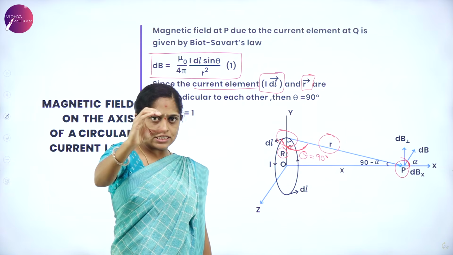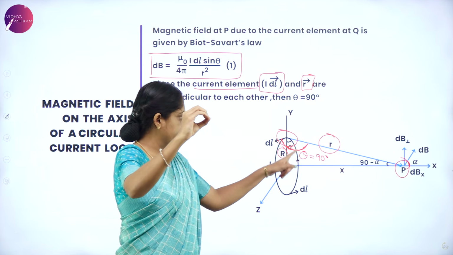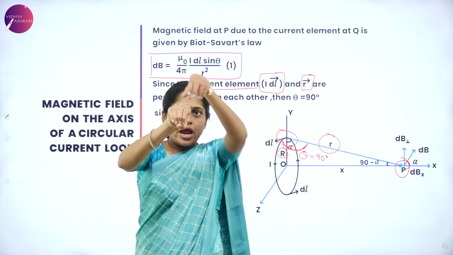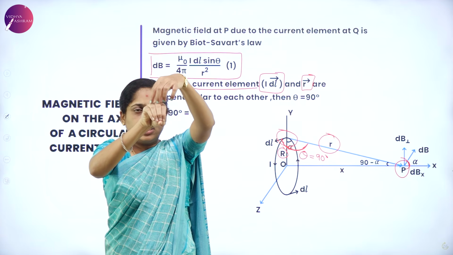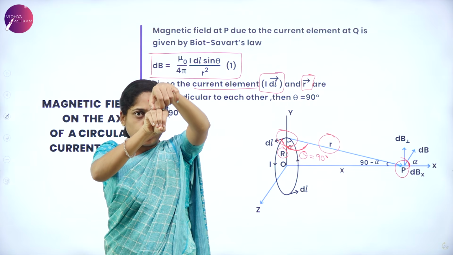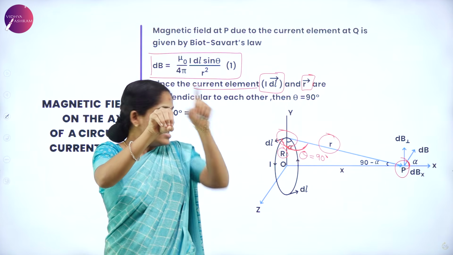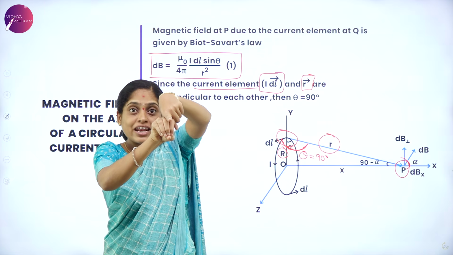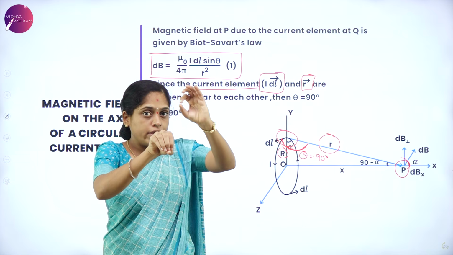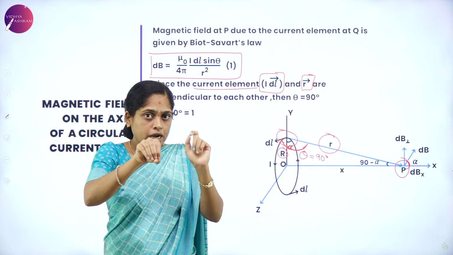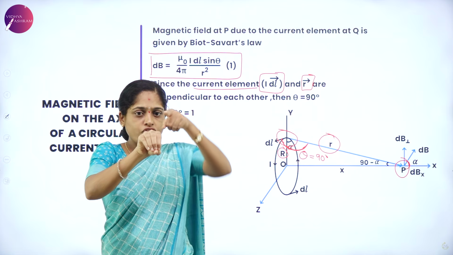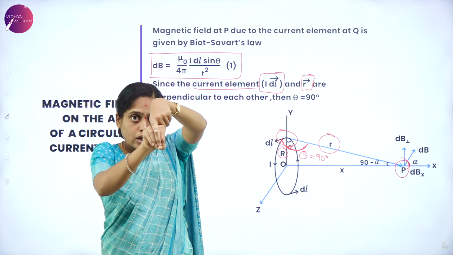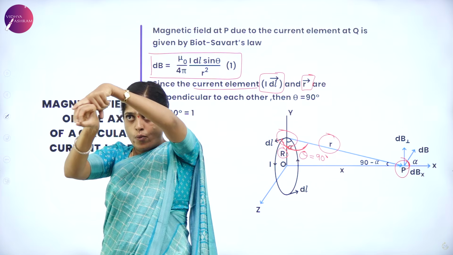For more clarity, consider this as the circular current carrying loop. Here I consider a small part of this loop, that is the current element, whose direction is always in the direction of current. The current is anti-clockwise.